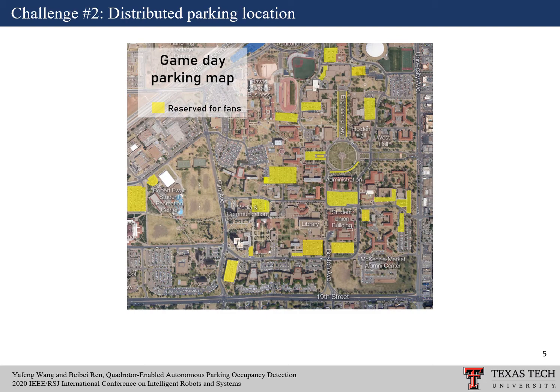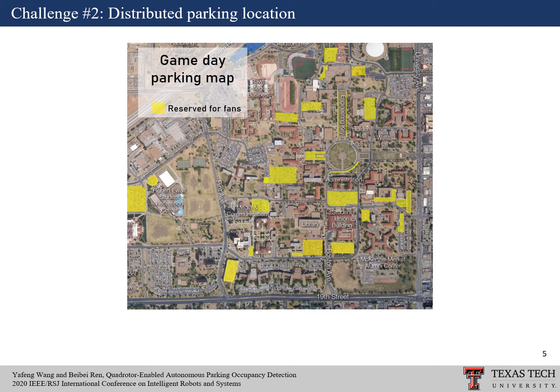The second challenge is that the parking locations for special events are always distributed. For example, this figure is the parking instruction map for the football game at the university I'm studying. As you can see on the map, all the yellow areas are reserved for fans. So in this case, if you want to implement a sensor-based system, it's going to be labor intensive and time consuming.